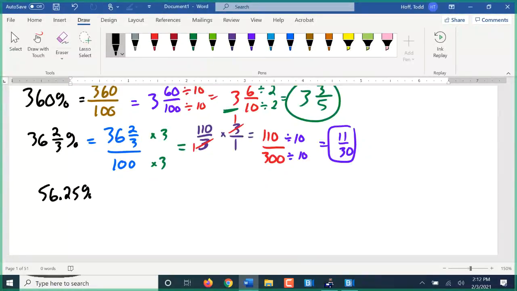56.25%. That again is 56.25 out of 100. Now we don't like having decimals in our fractions any more than we like having other fractions within our fraction. So we want to get rid of that decimal. To do that, we look at the number of decimal places. How many decimal places are there in this number? 2.